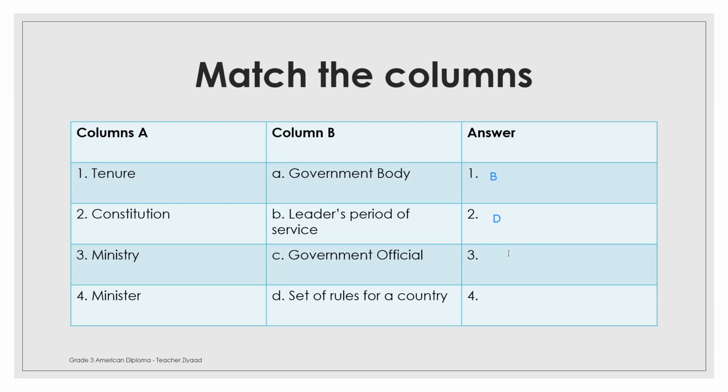So the ministry would be a governmental body, which is A. Then number 4, your minister, is a person that is a government official, which would be C. So those are your answers for these ones.